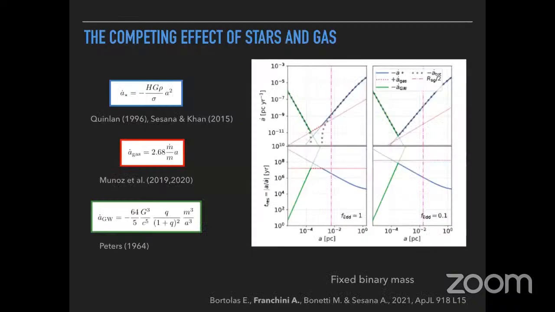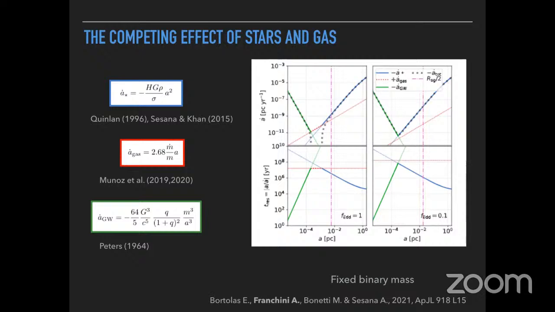Okay, so far we've been focusing only on the effect of gas onto the binary black hole. But what we did was also to include an analytical model, so we didn't run any simulation yet. We included also the effect that stars have and the gravitational wave contribution.